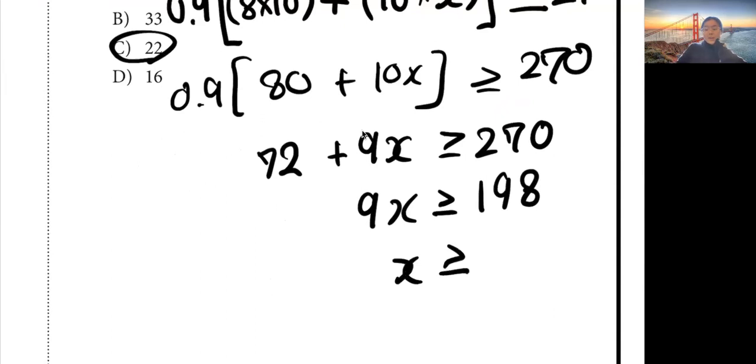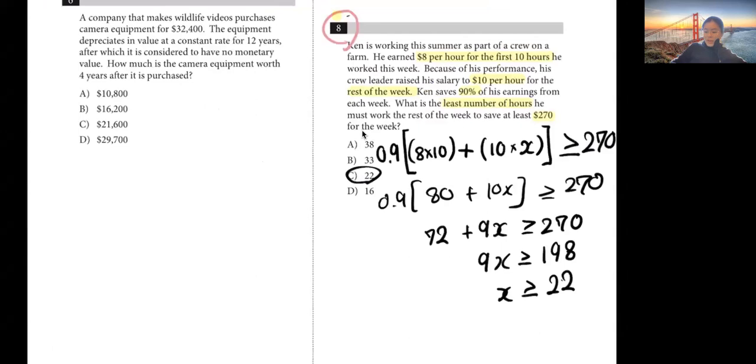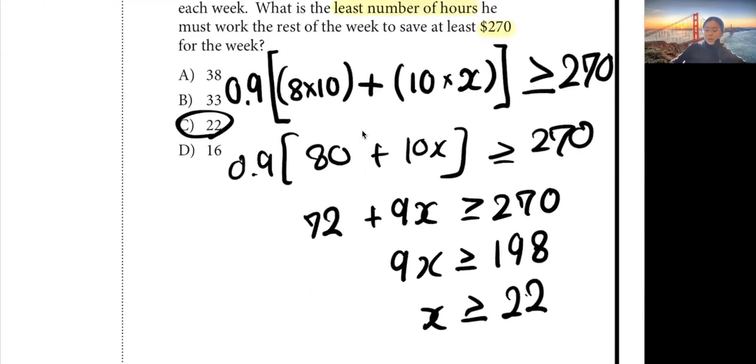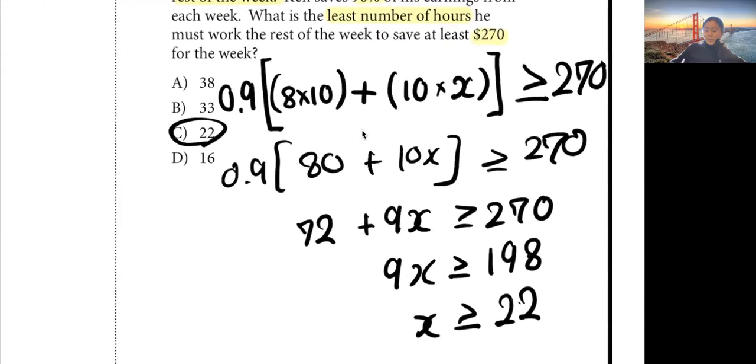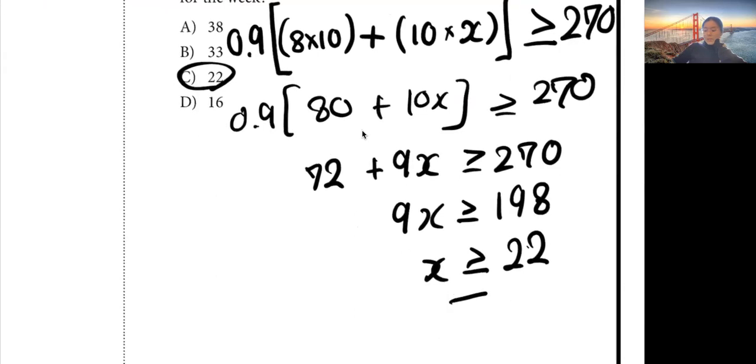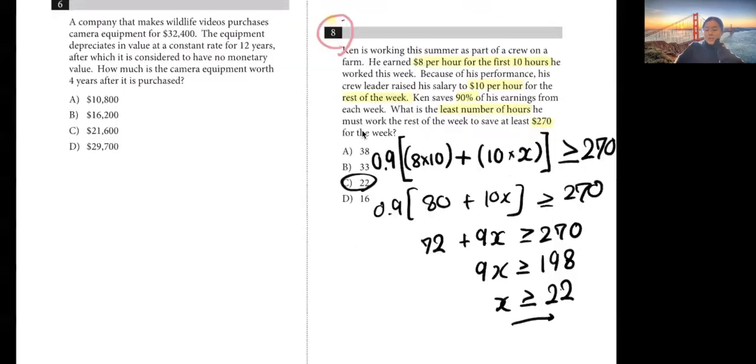But we're not dividing by a negative number, so the sign won't switch. So 22. So x needs to be equal to or greater than 22. And the least number of hours means we need the option closest to 22, and we have 22. So C is your answer.